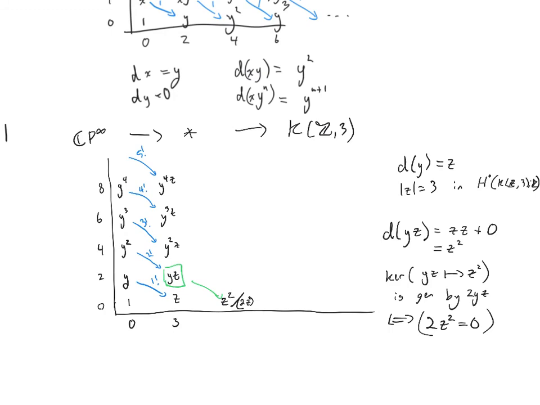And so this is another way of saying the groups that you're getting down here, you got a Z in this degree, you get a Z in this degree, but then you're going to get a Z mod 2 in this degree, and that's in degree 6. In between, you're getting zeros by the vanishing property. And so the thing I'm drawing down here is a picture of what the cohomology of KZ3 with integer coefficients has to look like.